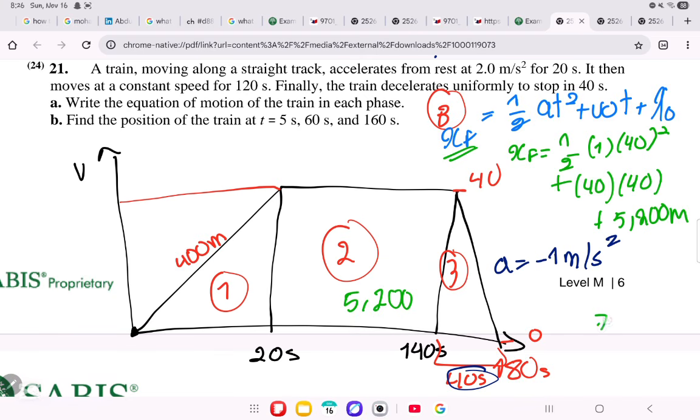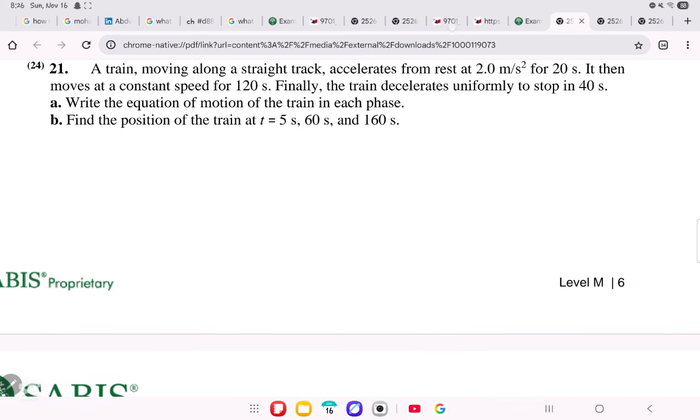Now from all of them, we derived an equation to get x final, right? For the first phase of motion, we got that x final is equal to my acceleration, which is 1, times the time squared.